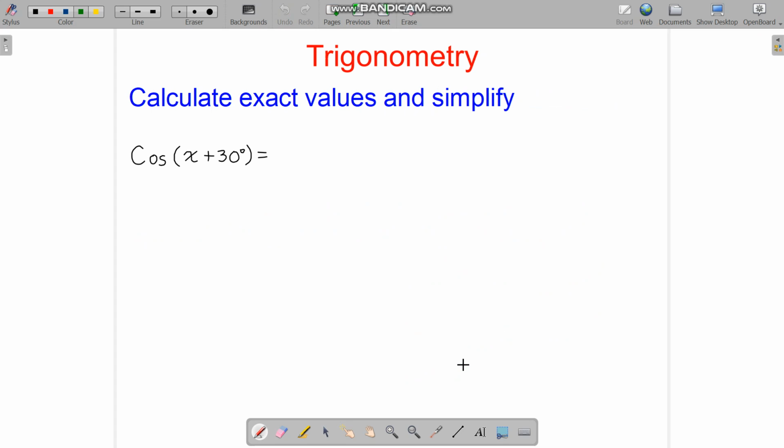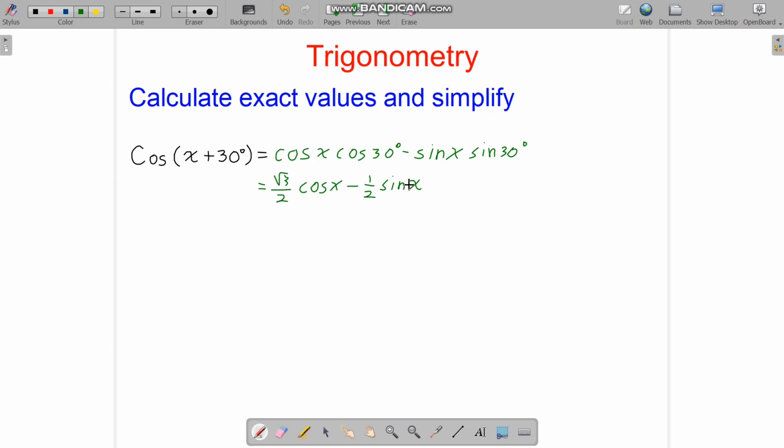Next strategy, if you have the angle, you can simplify or use a calculator. So using the compound angle cos minus sine, and cos 30 degrees happens to be root 3 over 2, and sin 30 degrees is 1/2, so we get root 3 over 2 cos x minus 1/2 sin x.